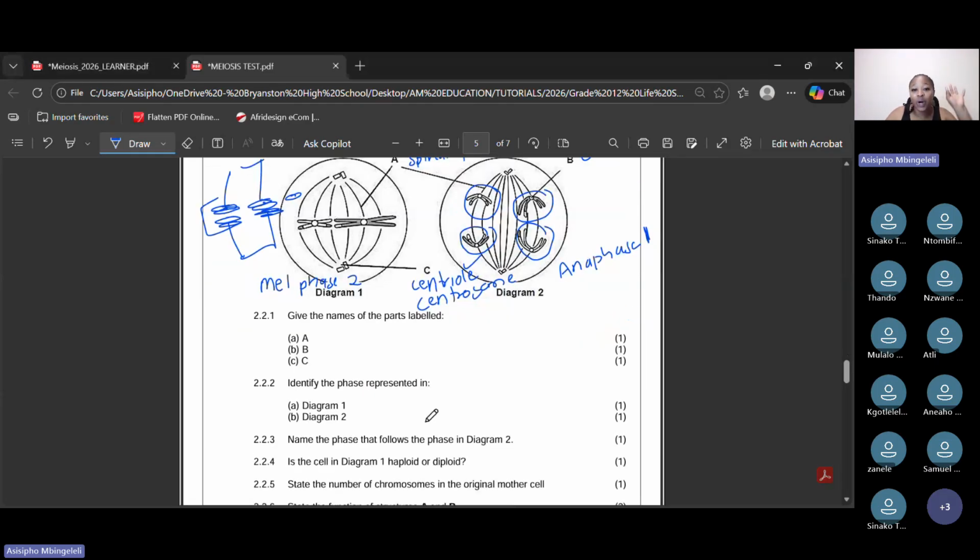Name the phase that follows. Now, I want us to not only focus on what we did last week but everything that we've covered here. Even if you had an answer, just recheck if your answer is correct or not. Name the phase that follows the phase in diagram 2. Let's raise hands so that I can see the hands and then choose a person. Remember, we said diagram 2 is anaphase 1.